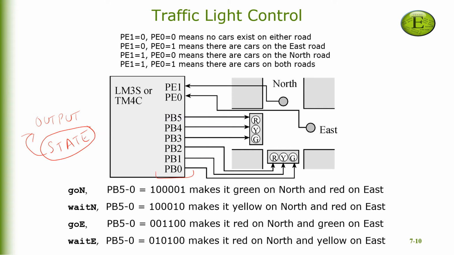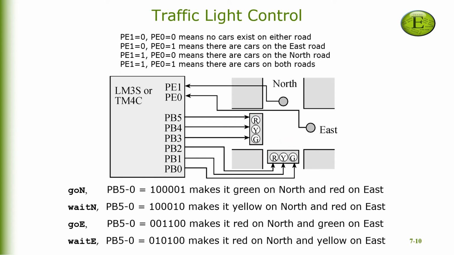Now in this case, the output should be able to control the traffic light. 3 of the port B outputs are controlling the traffic signal for the traffic or the cars on the east road, and the other 3 bits of port B specify the traffic control signal for the cars or the traffic on the north road.